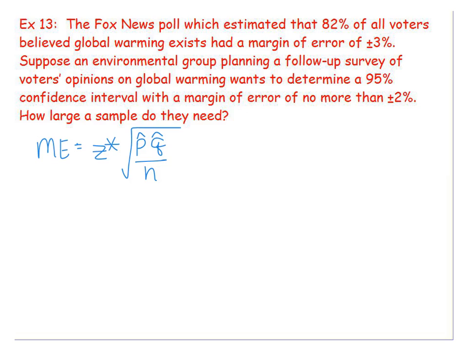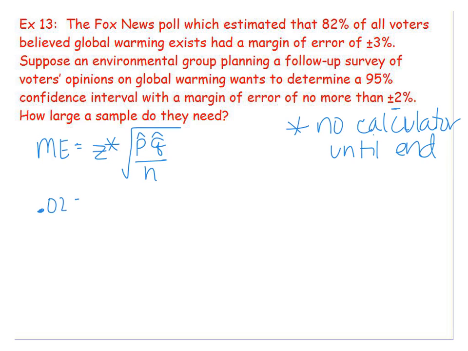backwards. One important thing that I want you to jot down: no calculator until the end. In other words, don't touch your calculator for any reason until N is by itself and you're ready to type it in the calculator. So what do we know here? We know the margin of error, we now want to drop to 2%. So I'm going to change that to a decimal, 0.02.